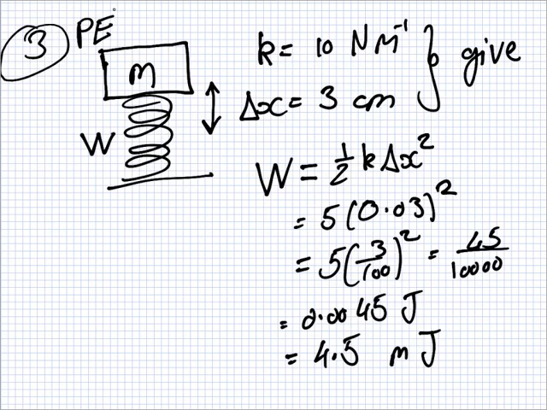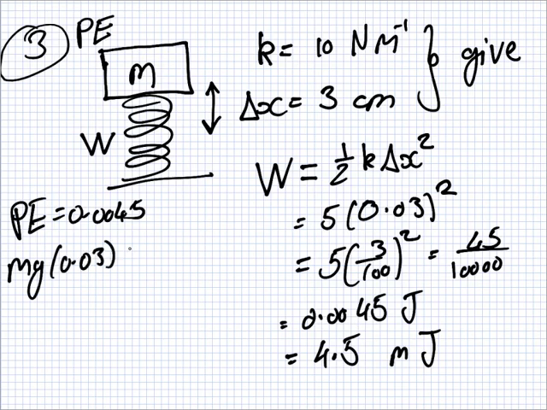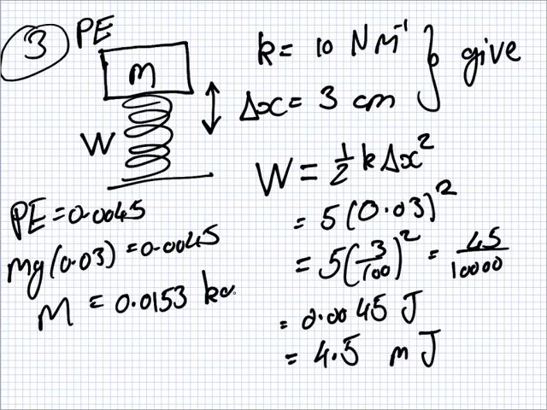So, you know that the potential energy should be 0.0045. So that means mgh should be 0.0045. So now you can get the m. So the m is 0.0153 kilograms.